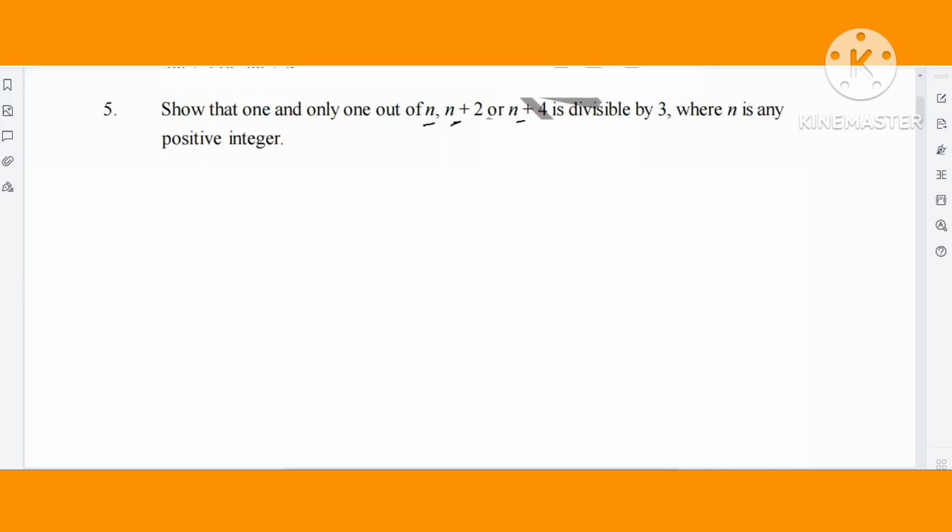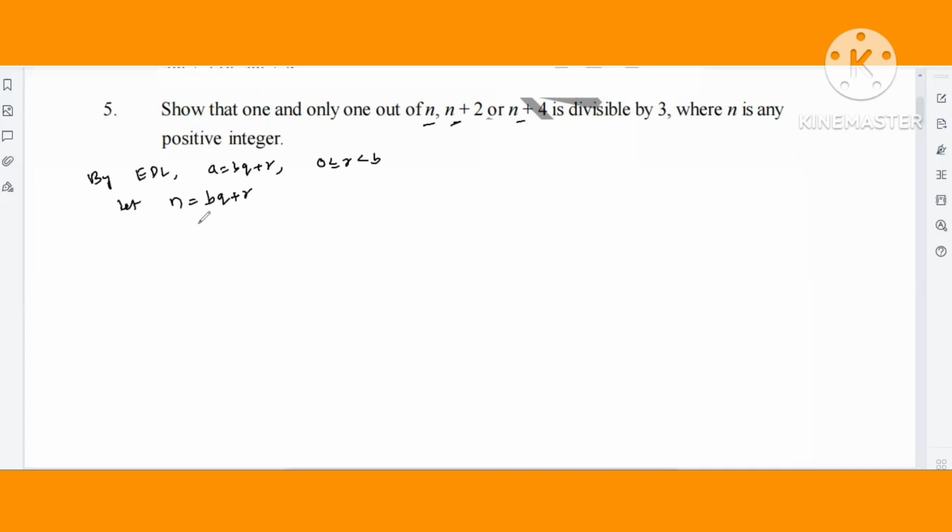Here again by EDL, Euclid's division lemma, a equals bq plus r, 0 less than or equal to r less than b. Now let's take n instead of a. n equals bq plus r.